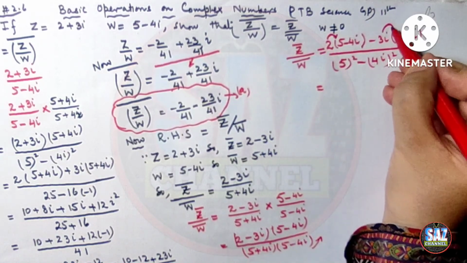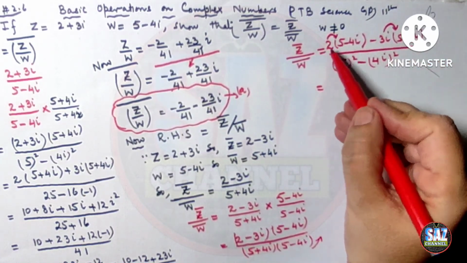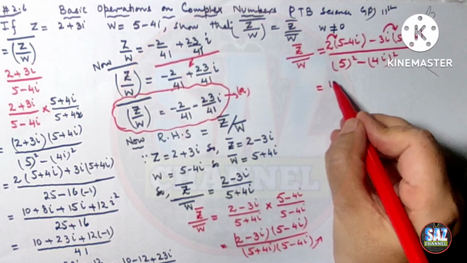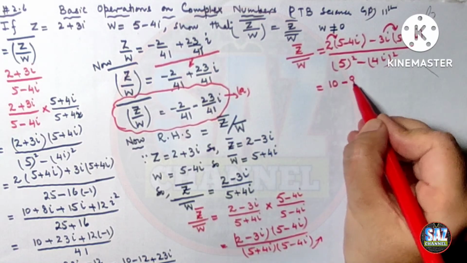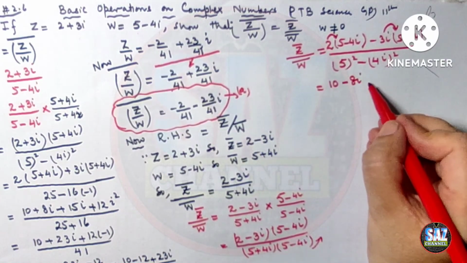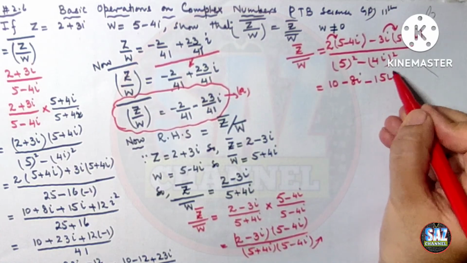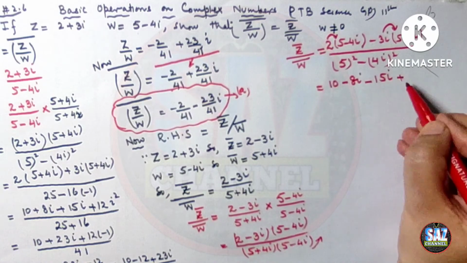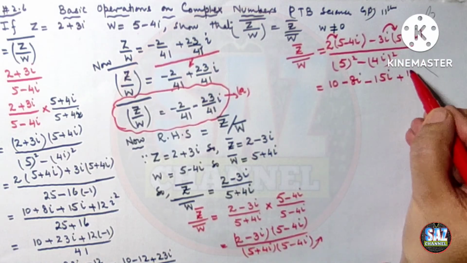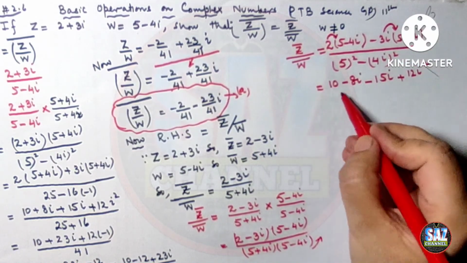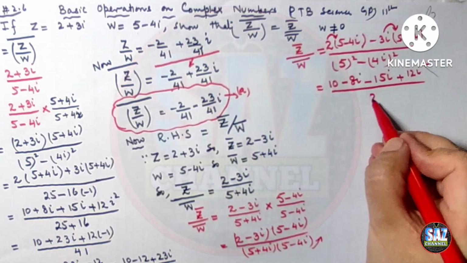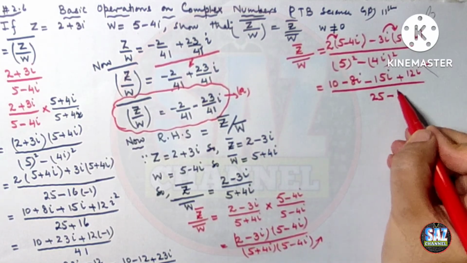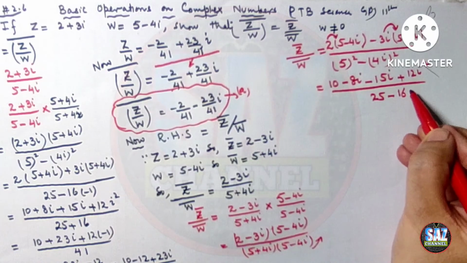So the question will take the form: distributive property, that I have to multiply this number which is outside with every term inside the bracket. 10 minus 8 iota minus 15 iota, and then minus multiplied by minus is plus 12 iota square, upon 25 minus 16 iota square.